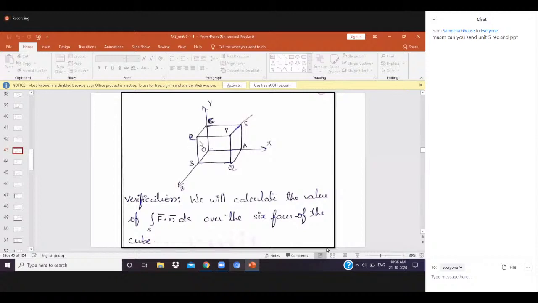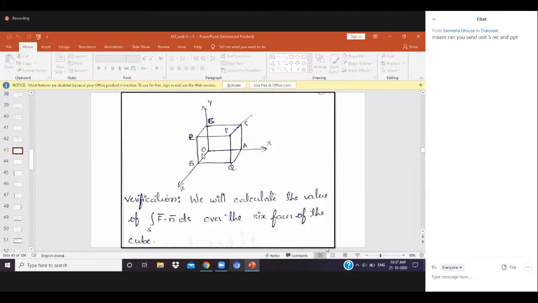Here x is 0, so it becomes 0. Then one more face we consider is RPSC, where the unit outward drawn normal is j bar, y equals a, and the surface element is dz dx. Then the opposite face becomes 0.